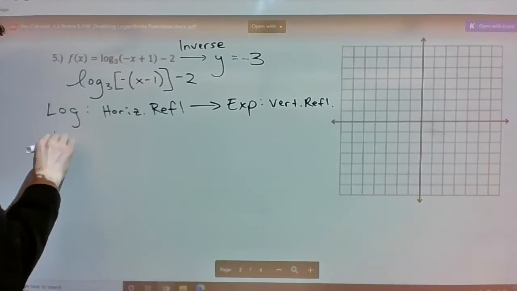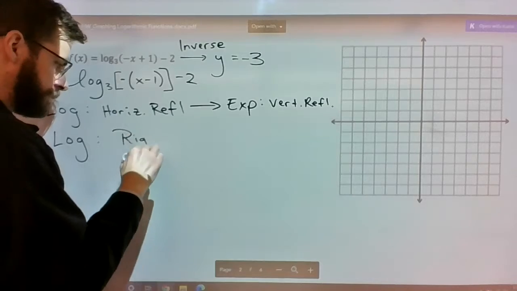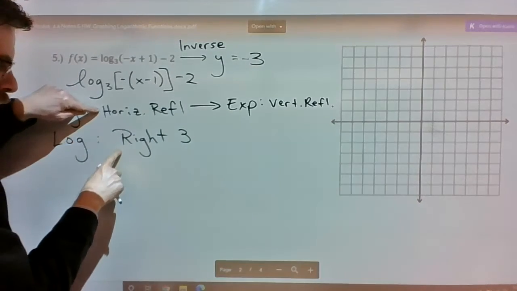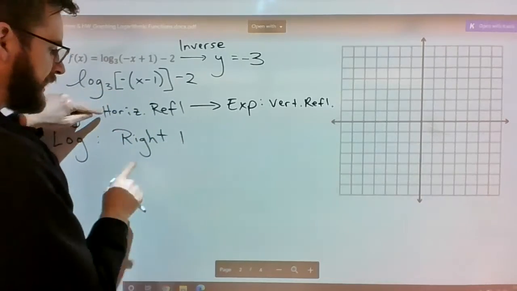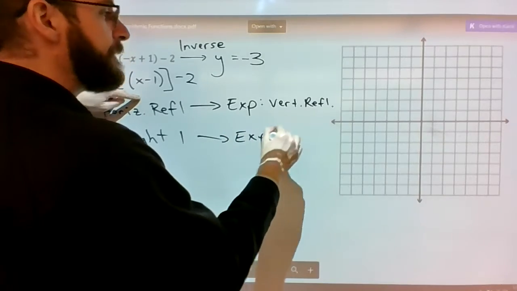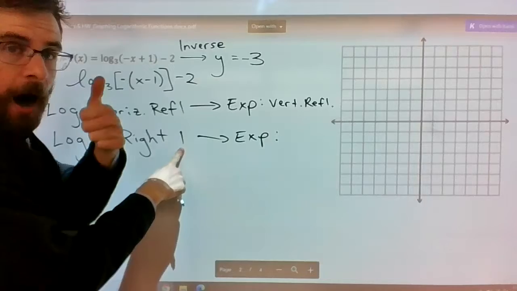Write 1 for the log, is the same as saying you have a horizontal shift, which corresponds in the exponential as a vertical shift of 1 unit up.